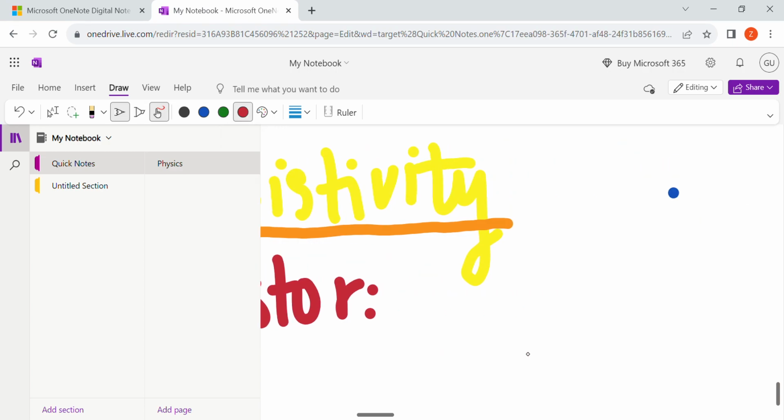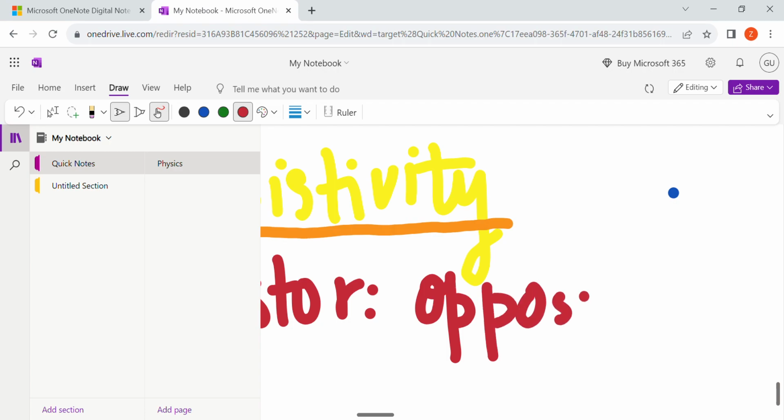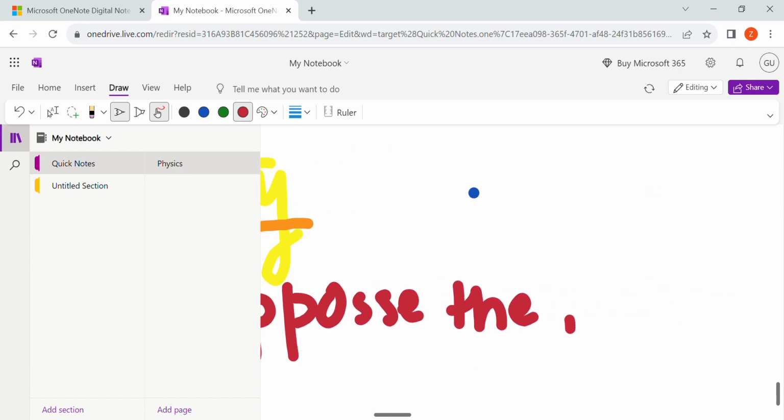Flow of charges को रोकना. To resist. By the word you can say, resist का मतलब ही रोकना होता है. Oppose. Might be wrong with the spelling, but to oppose the flow of charge.